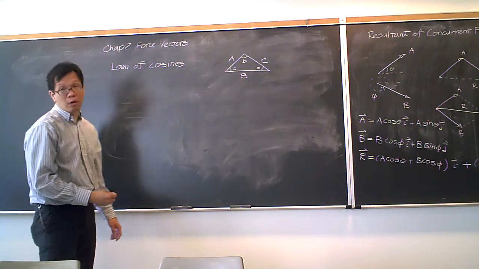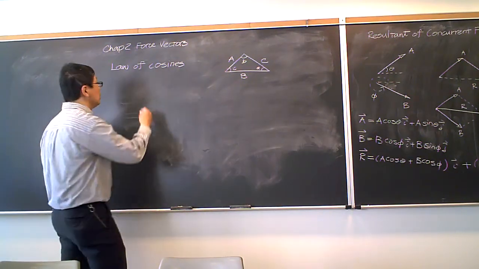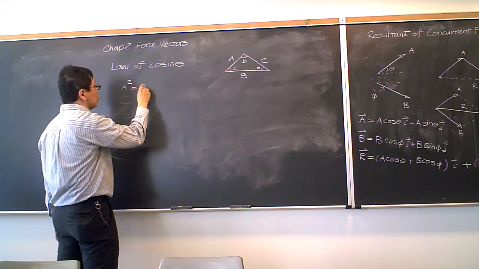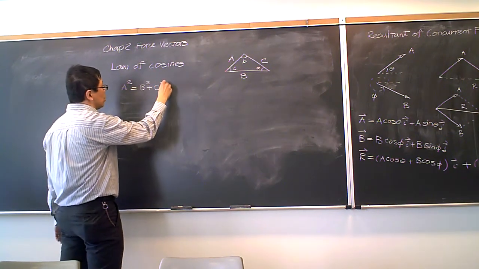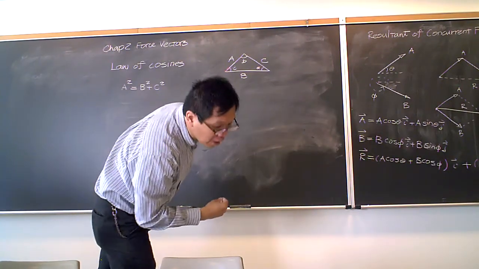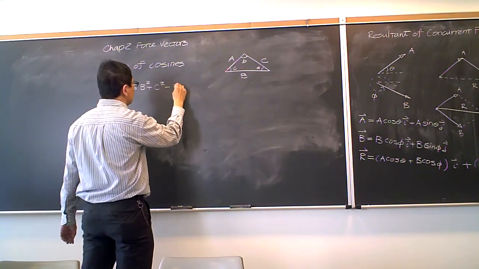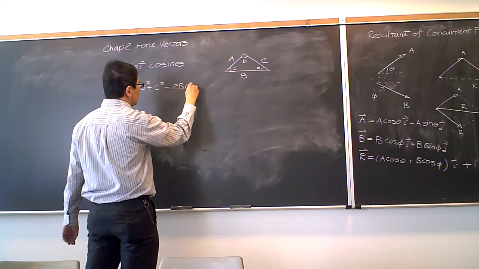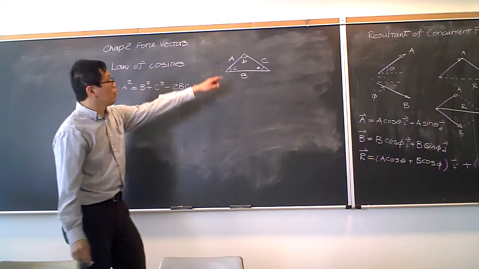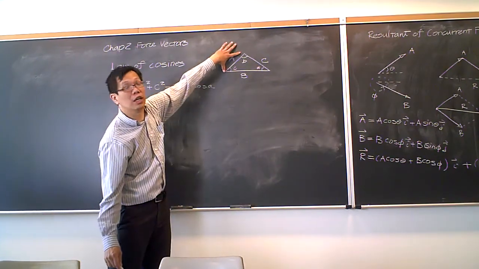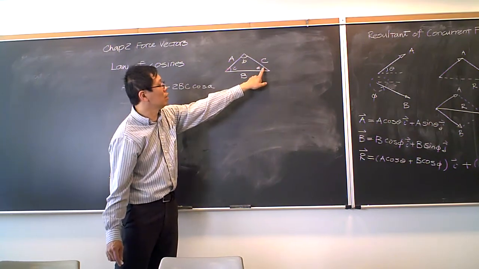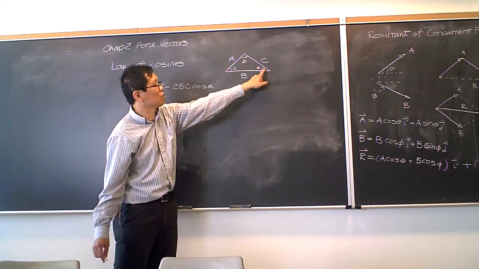So when I have the law of cosines, what do I have? I have A squared equals B squared plus C squared minus 2BC cosine A. So if I want to know the length over here, it's going to be the square of here and here minus 2BC cosine this angle.